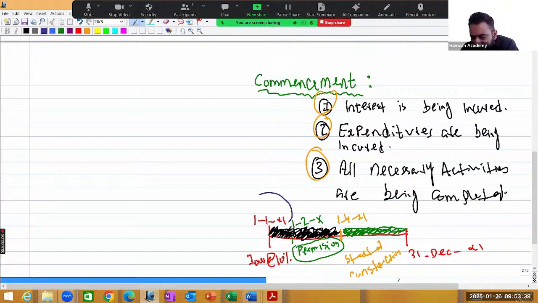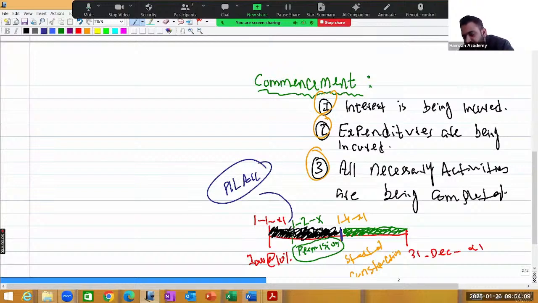From 1st January to 31st March, finance cost will be expensed out in the profit and loss account. And the interest from 1st April to 31st December will be capitalized, because all three conditions have been fulfilled on 1st April X1.